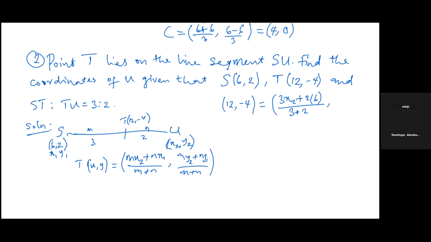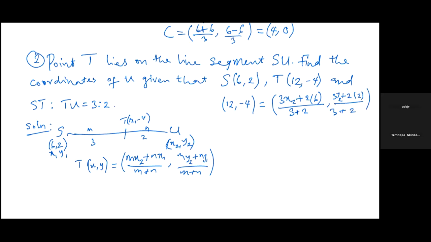Hope you are following. Yes, sir. Now, M, which is 3, times Y2, also unknown, plus N, which is 2, times Y1, which is 2, over 3 plus 2), bracket close.